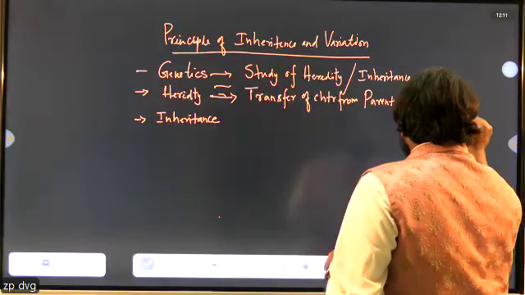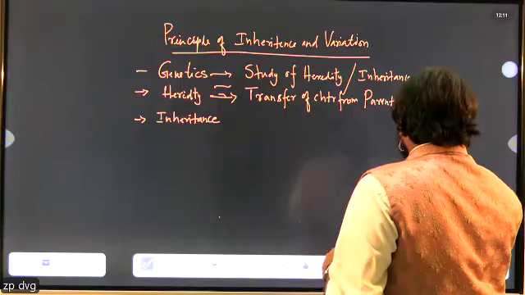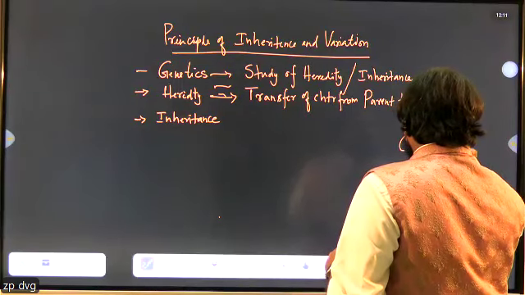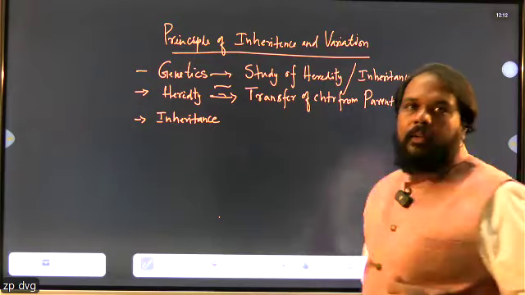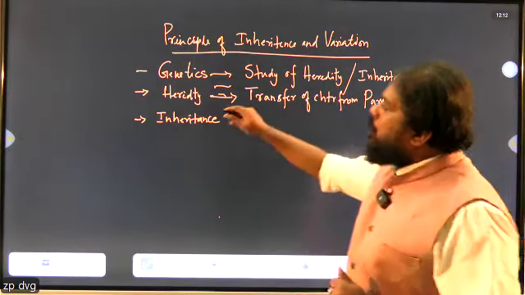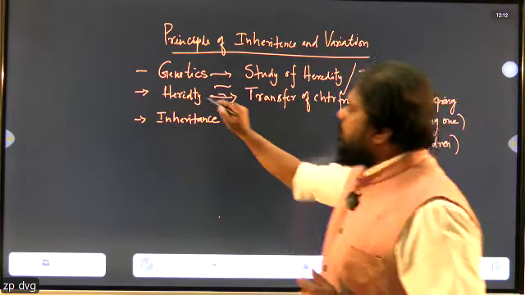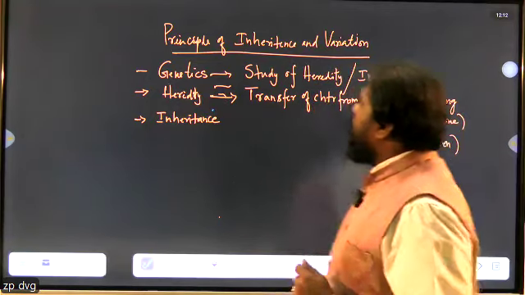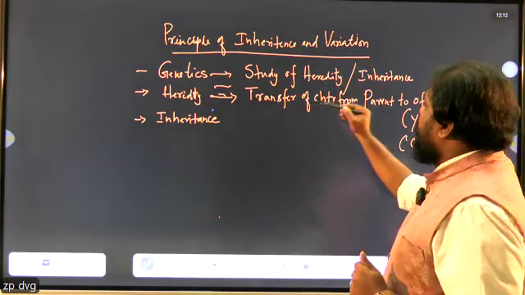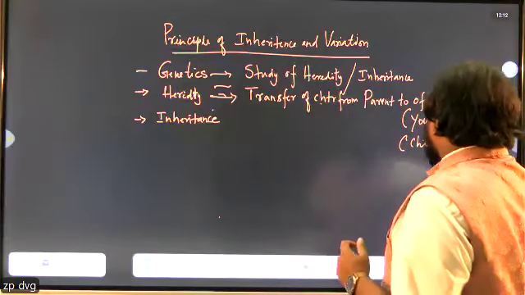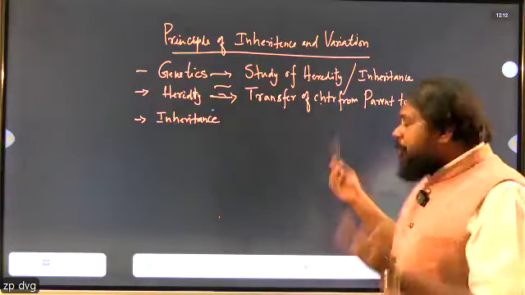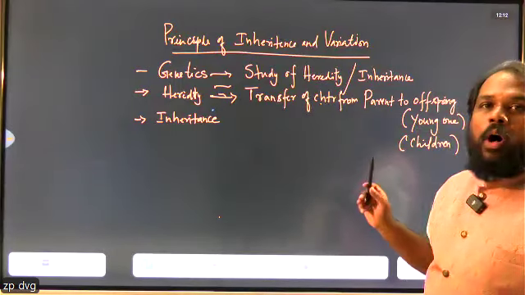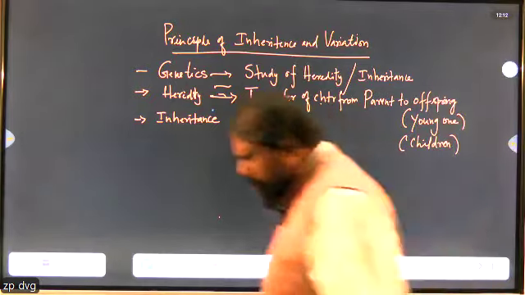Or if you want me to simplify further, I can use the word children. Okay. So, when I use the word heredity, you should understand I am talking about transfer of character from parent to offspring. The other name of offspring is young one, or I can use the word children.